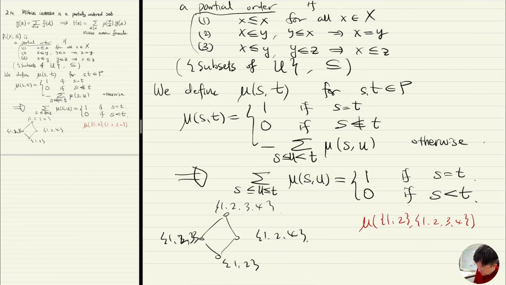Well, mu of {1,2}, {1,2} is 1, and then this is going to be -1, and then this is going to be 1.